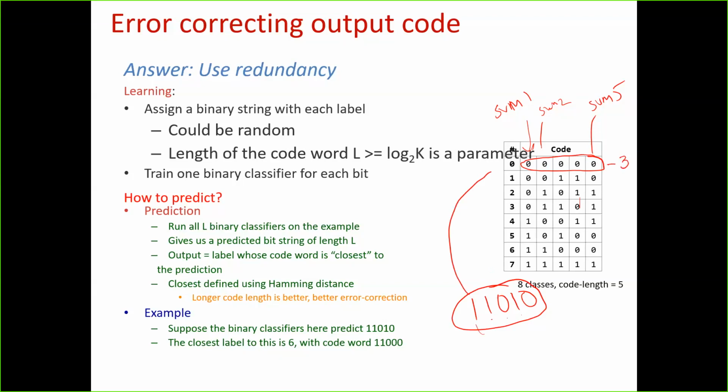How many bits are different in this case? This is also 3. The first 3 are different. Compare it with this: 2.